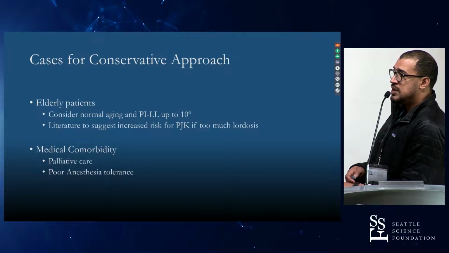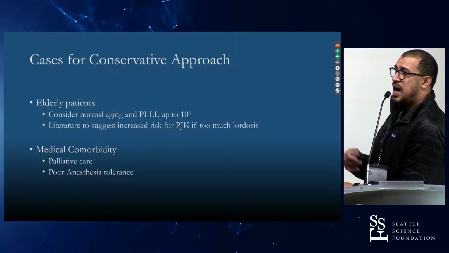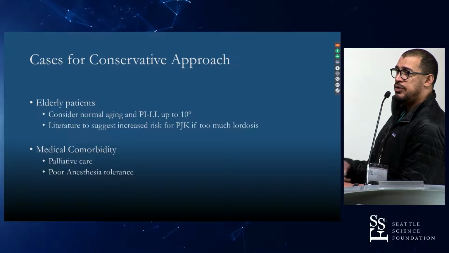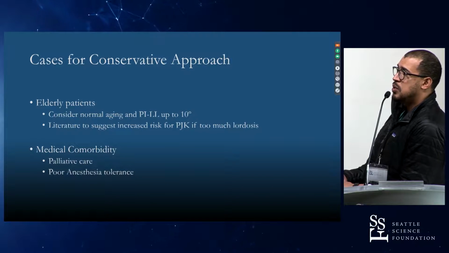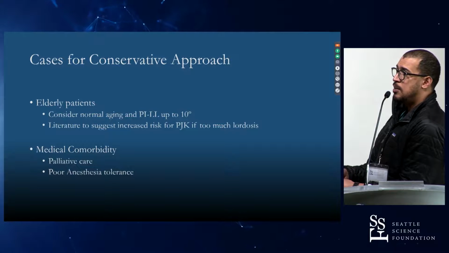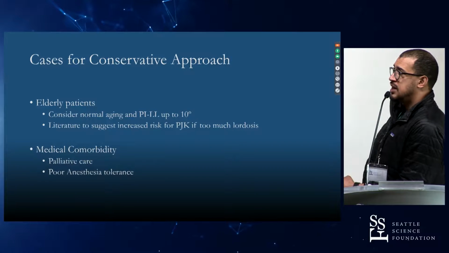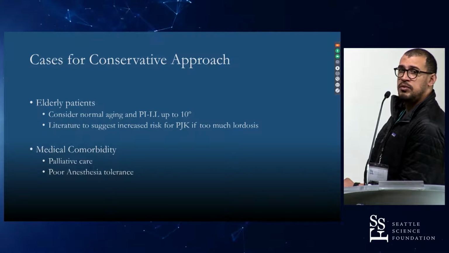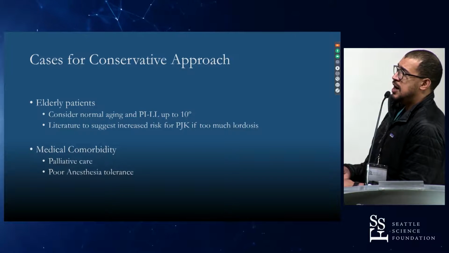And if you're doing this in a patient that's sick, adding that complication on top of their pre-existing medical comorbidity could be something that keeps them in the hospital for a very long time, or gives them mortality at the end result. And we don't want to really consider that in those patients.